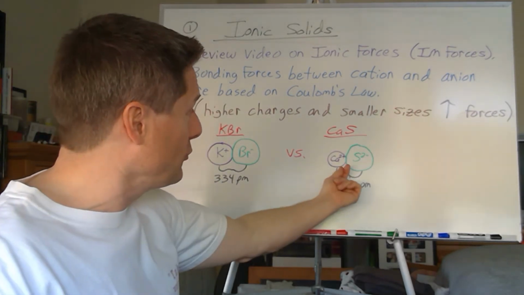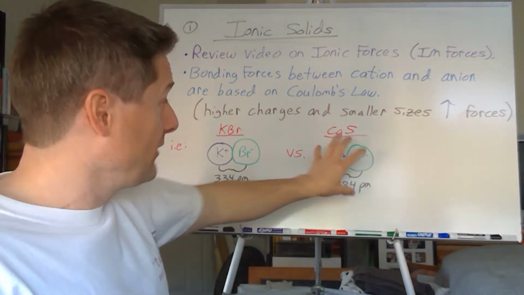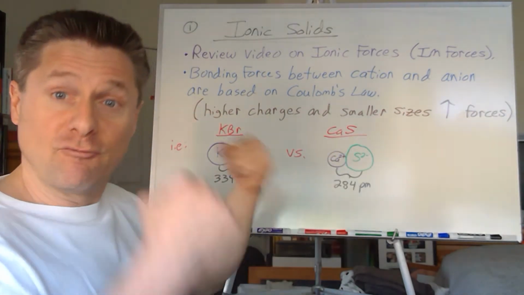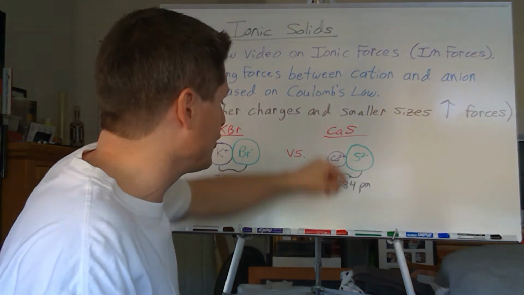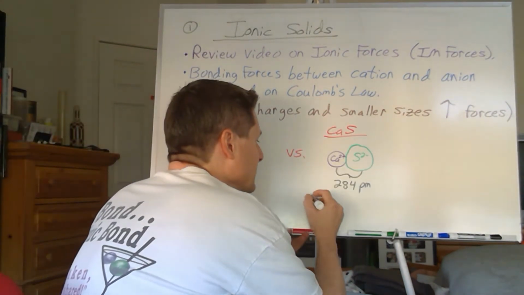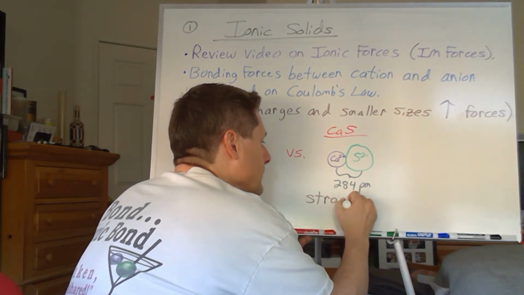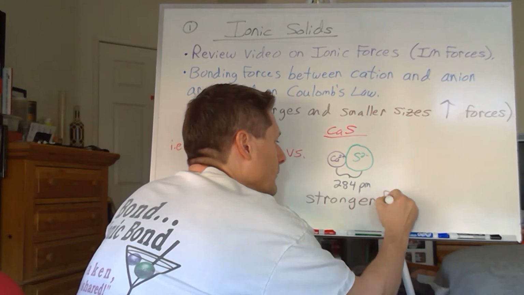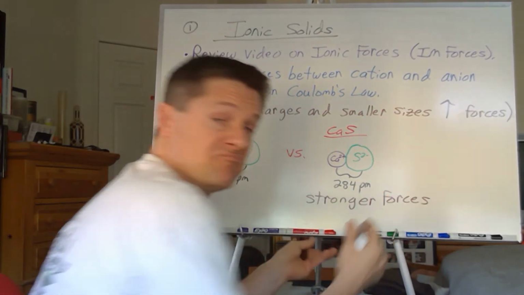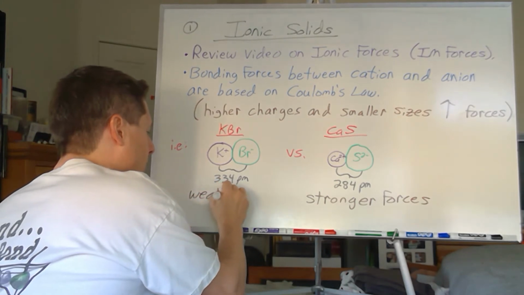So obviously these are closer together than those are, and higher charges. So that's going to have much stronger forces of electrostatic attraction. So we can conclude from this that calcium sulfide has the stronger forces. Right, pretty obvious. And then potassium bromide would have the weaker forces.